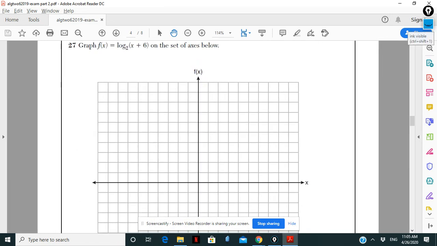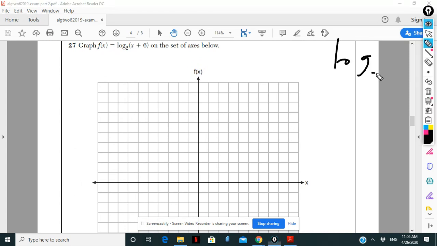Graph log base 2 of x plus 6. Now I'm going to make a table. Here is the x value, here is the y value.